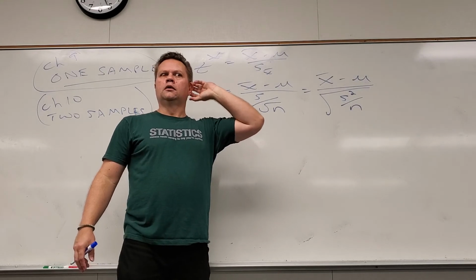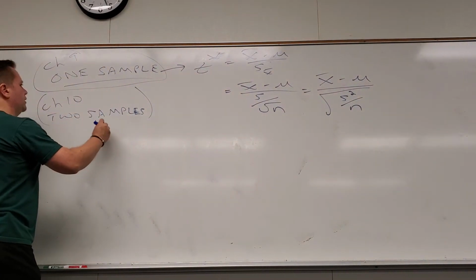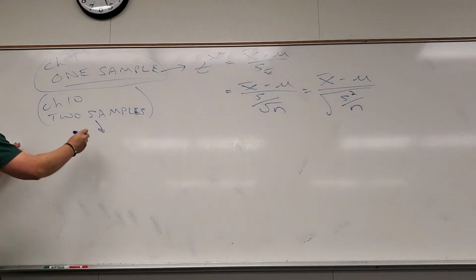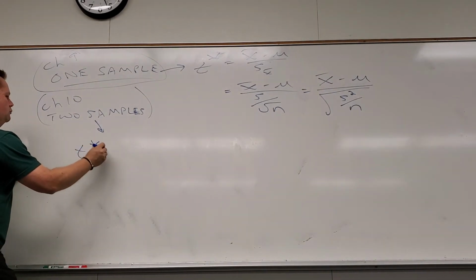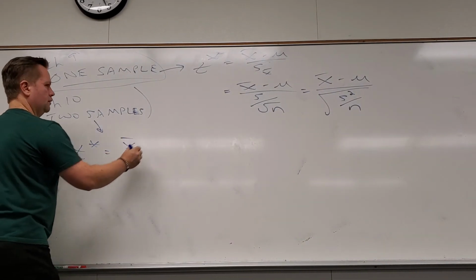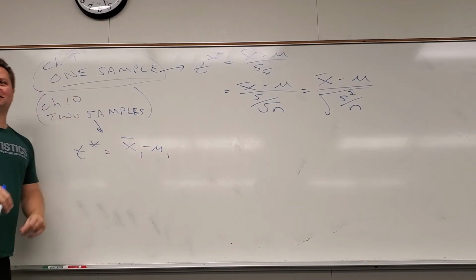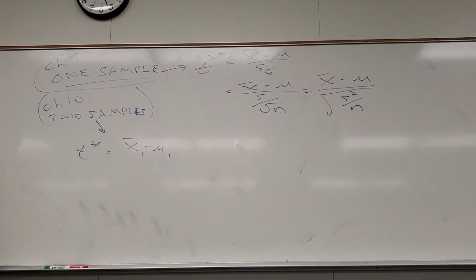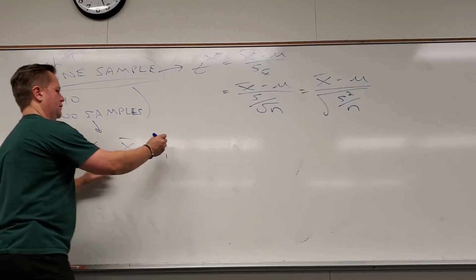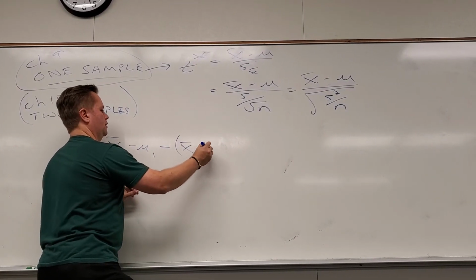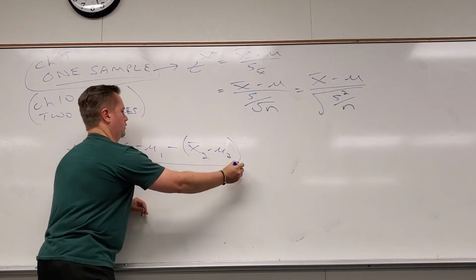Okay. So watch. Here, everything doubles. In this case, T star would be X bar 1 minus mu 1, minus X bar 2 minus mu 2, all over.